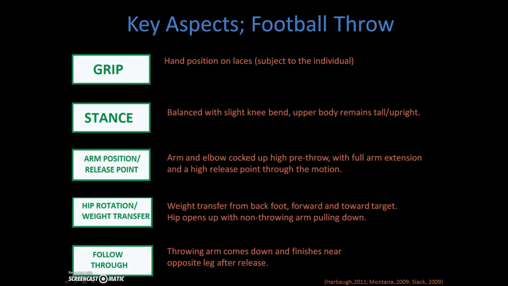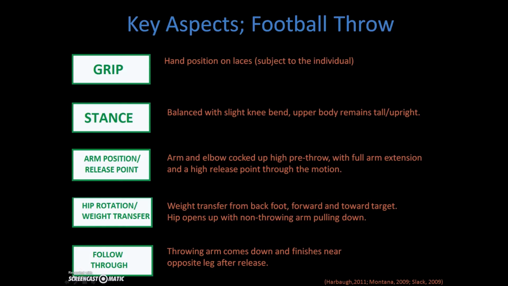The stance is a fairly self-explanatory one. We want some knee bend, but the upper body remaining fairly erect and upright. The arm position and release point is a really important one. That's basically the crux of the entire throw.